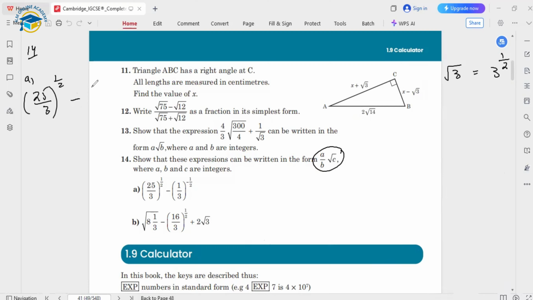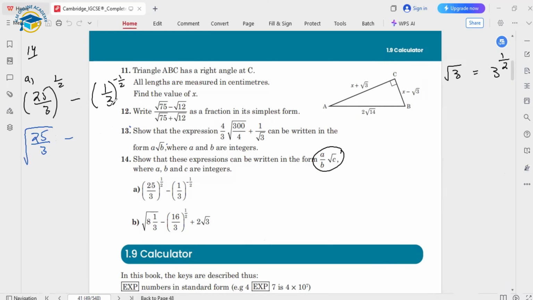Along with this, there is the subtraction of 1 over 3 and negative 1 over 2 being given. So first of all, it's better if we make this negative 1 over 2 a positive power, because if we have a negative index, we need to first make it positive. Okay, keeping this 25 over 3 as it is, we can even make it in the form of a surd like this.